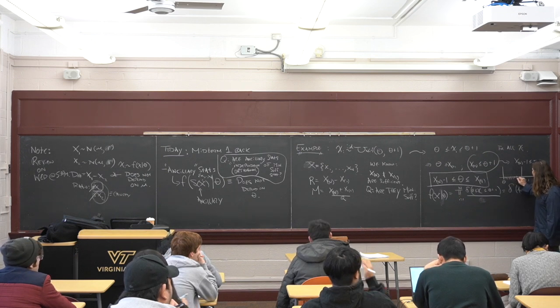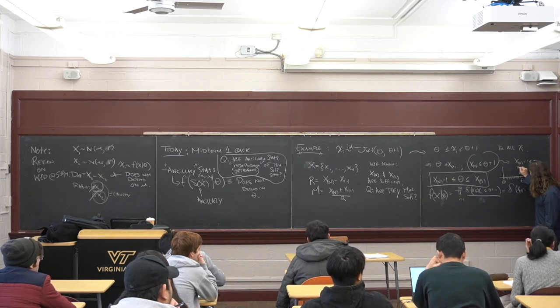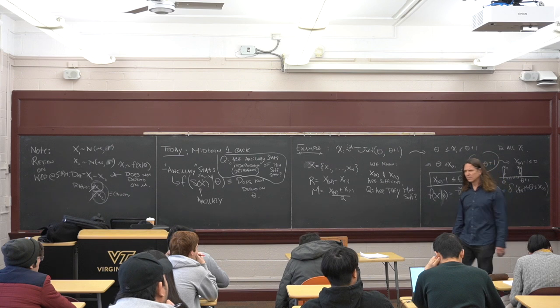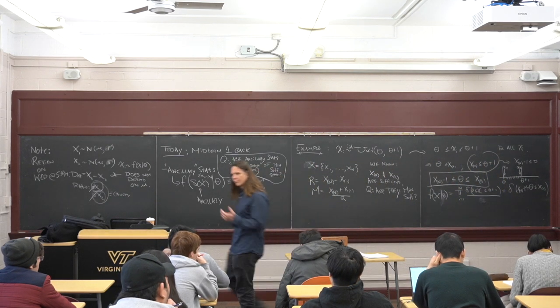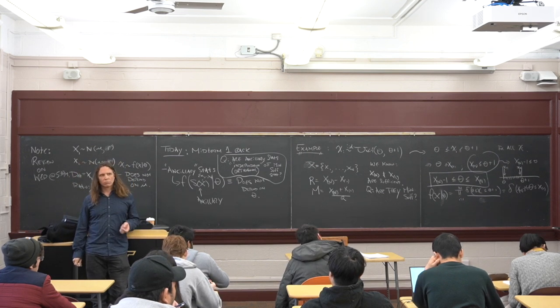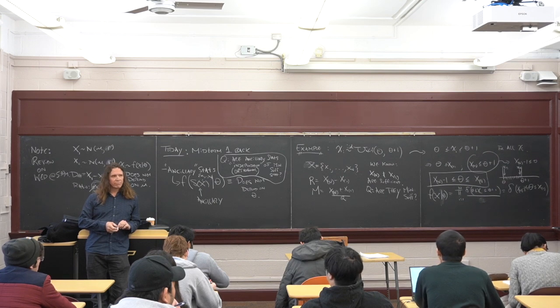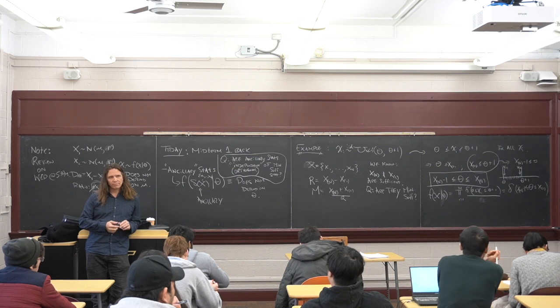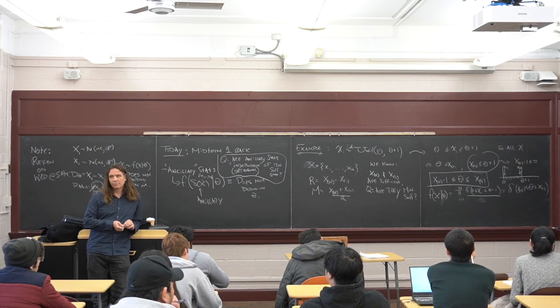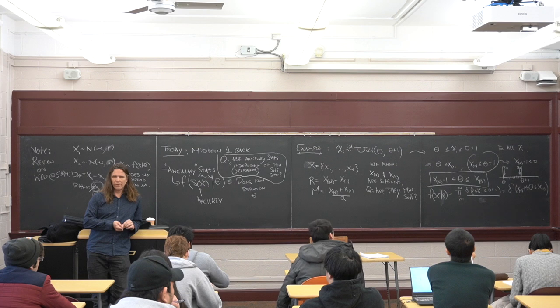I've got some data points in here. This one's xn, this one's x1. Are they minimal sufficient? What do you think?